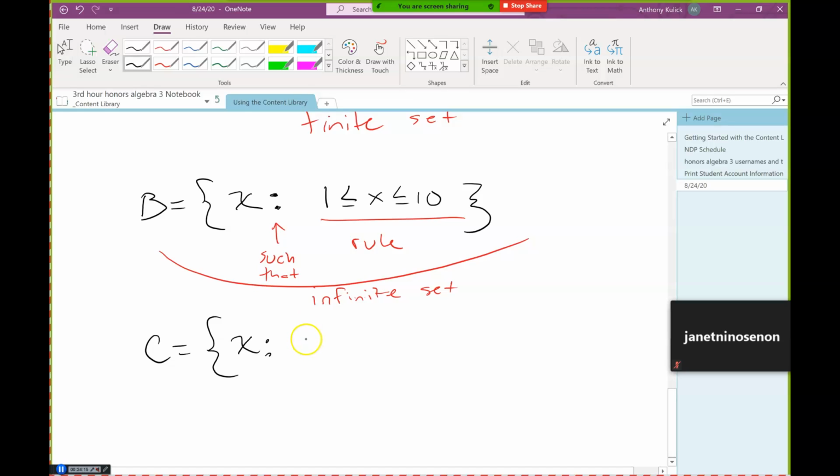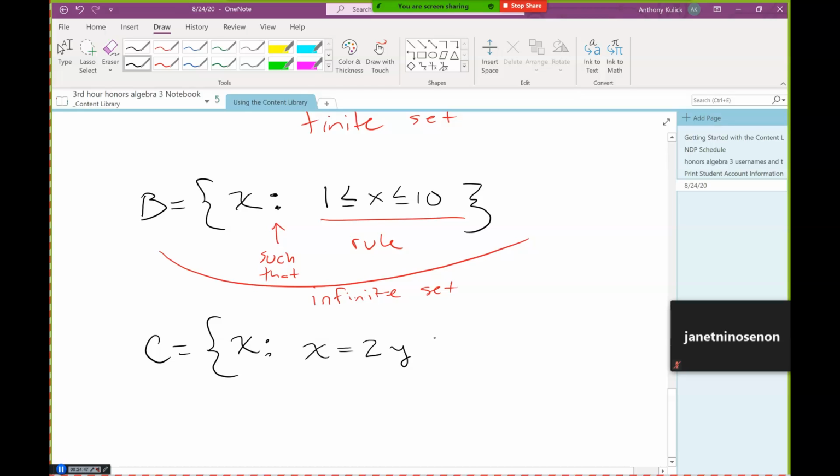So this is a set of x's such that x is 2 times some number y, right? But we have to say what y is. So what else? Even numbers are divisible by 2, and what else do they have to be? Whole numbers, right? So this number y has to be a positive or negative whole number, right?